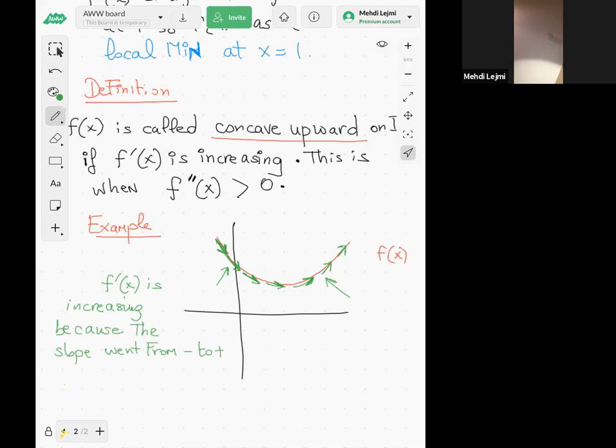So if I have such a graph, then this f of x is actually concave upward. Okay, so this is what I mean by concave upward. So in this case, it's concave upward.